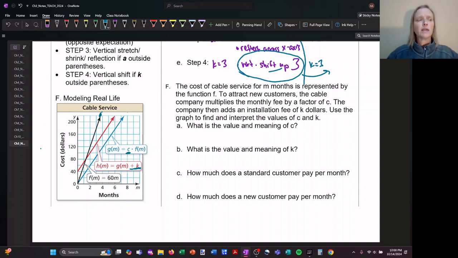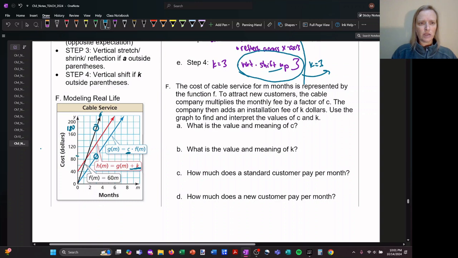And we can see here that this is kind of like a discount rate that takes a point like, let's find an easy to track point like this. At 3 months, this value is 180. And then when we go down to the blue graph, that value isn't 180.